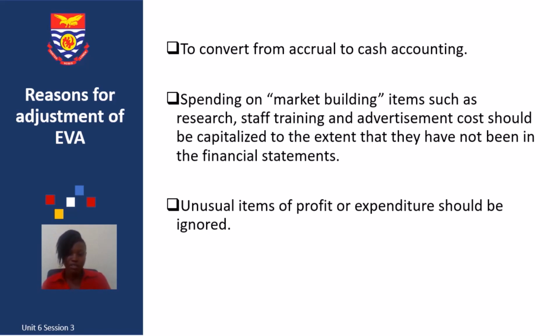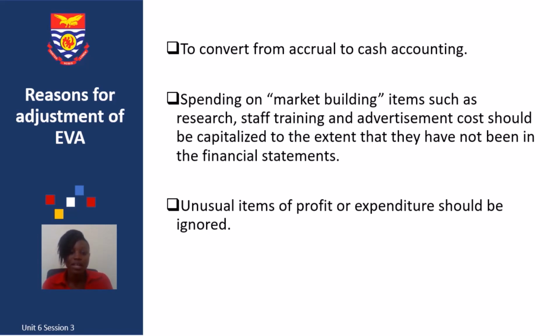When you use the economic value added, there is the need to convert from accrual to cash accounting basis for a number of reasons. First, because of investor preferences, and also because cash accounting is more ideal, unlike the accrual, which has to do with a lot of prepaid expenses and accrued expenses as well as income.